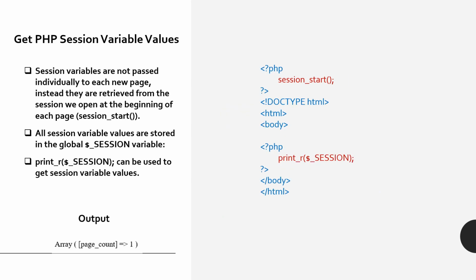Now we are going to discuss how to get the PHP session variable values. Already we have discussed that session contents are available in the super global variable $_SESSION, so once you print using print_r, you are going to get those details.